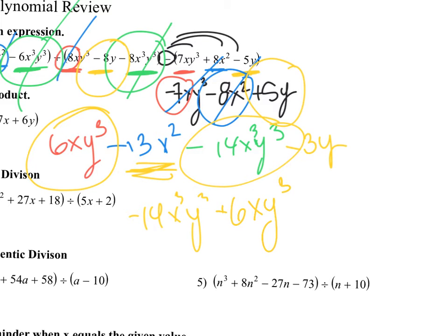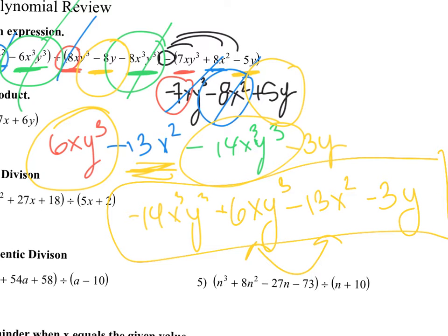I still think it's wrong. Plus 6xy cubed, and then minus 13x squared. But if you switch those, I'm 100% totally fine. That makes more sense to me anyway. And then 3y. So this would be your final answer for number 1.